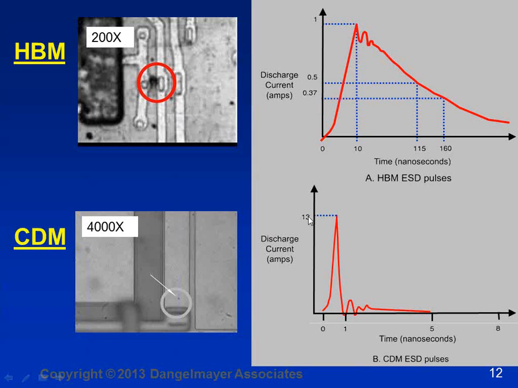Note, we also have peak currents of 13 amps. These both were at the same stressing voltage, by the way. So what we're saying is that CDM is substantially different than HBM. Therefore, the designed-in protection is different, and the manufacturing countermeasures are different. And we'll touch on those in a moment.